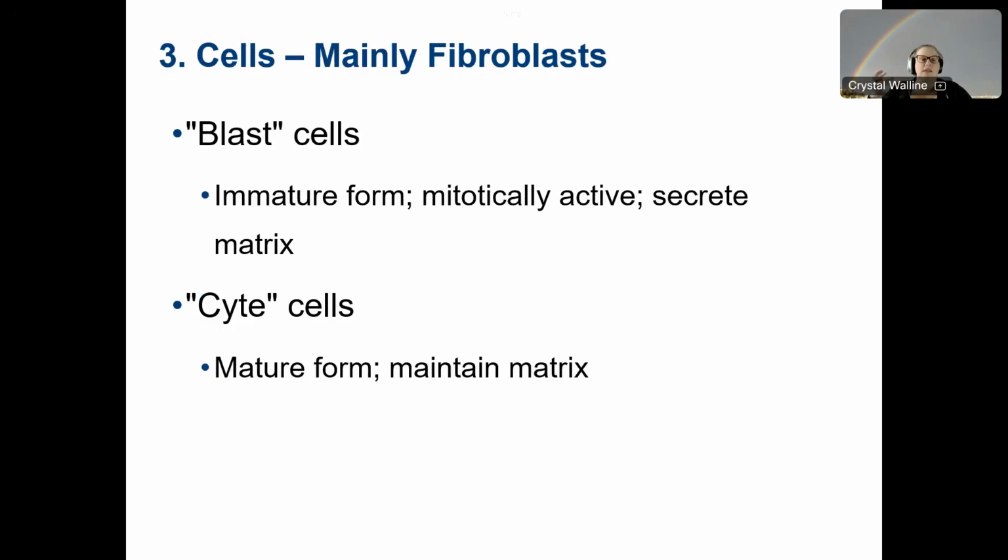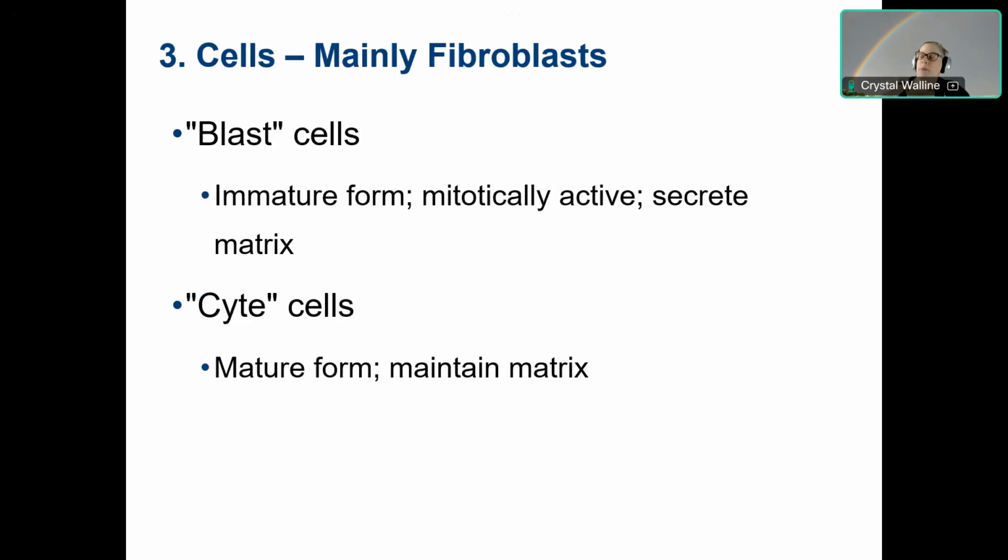Next, we have our cells. Our cells can take a couple of different forms. If the ending of a cell has the ending blast, I want you to think of this as like an immature, very, very active cell.